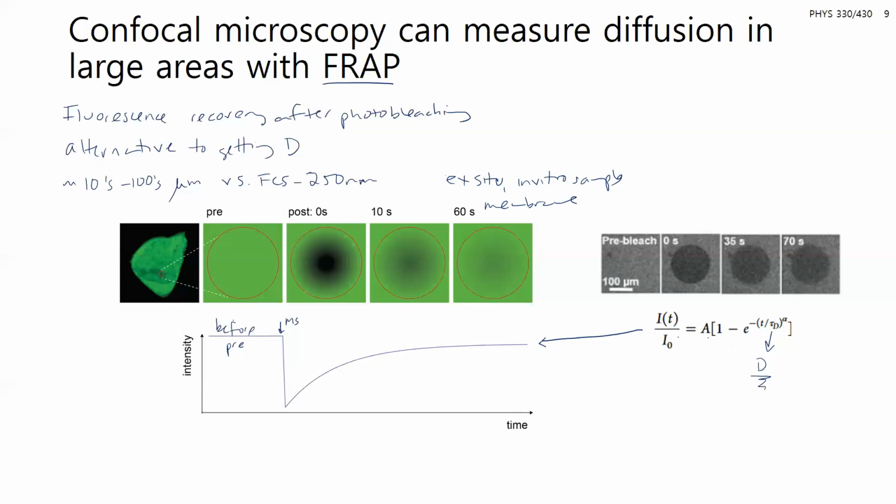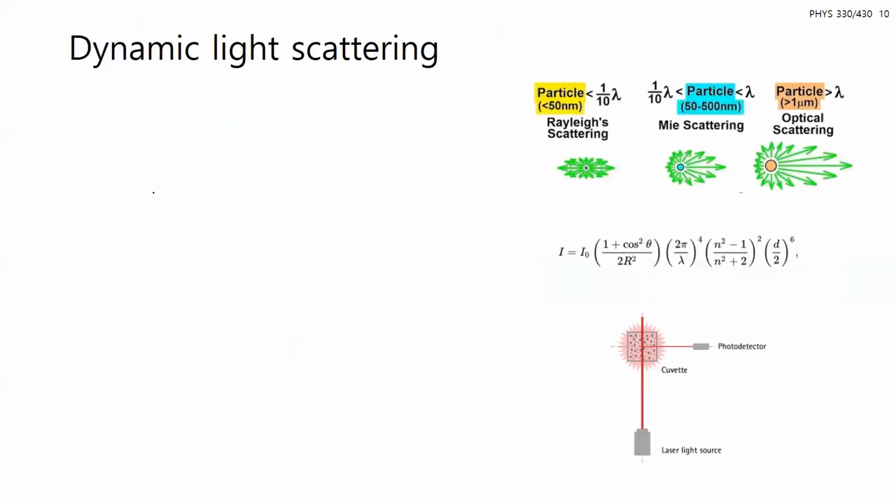Similar to FCS, but using a different phenomenon of light, is dynamic light scattering, abbreviated DLS. It's similar to FCS, but uses scattering instead of fluorescence. So here we're talking about elastic scattering.